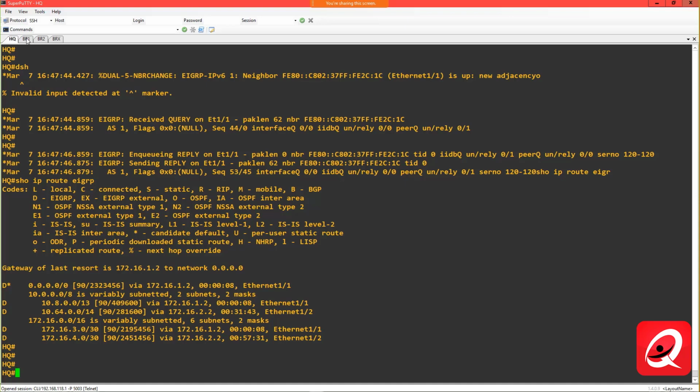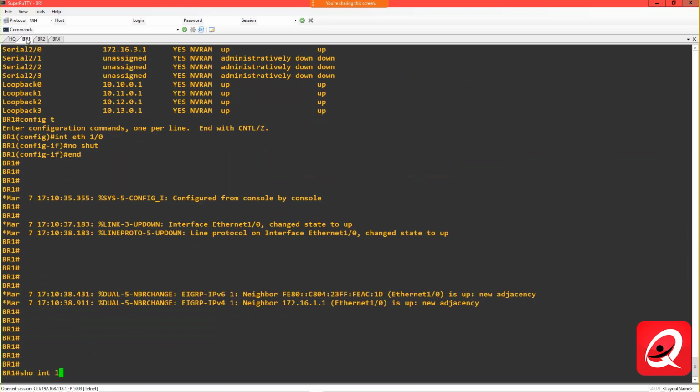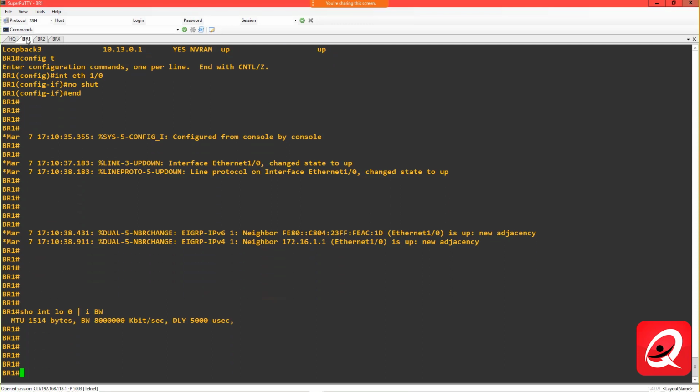If I go into BR1 and I do a show interface loopback 0 pipe include BW, we can see that those are the values that we're using for the metric calculation for the loopback. And all I have to do to make it look better is to change the delay of the interface, because remember the summary is being created on BR1, so the local feasible distance is basically the connected metric for that particular interface.